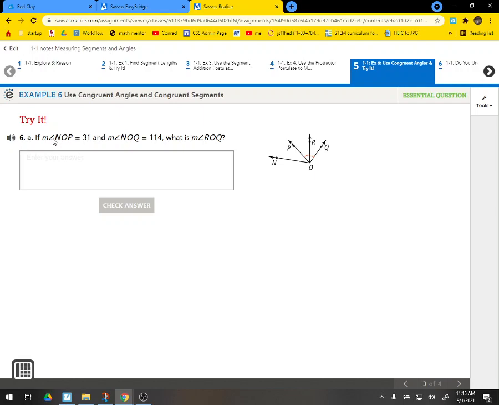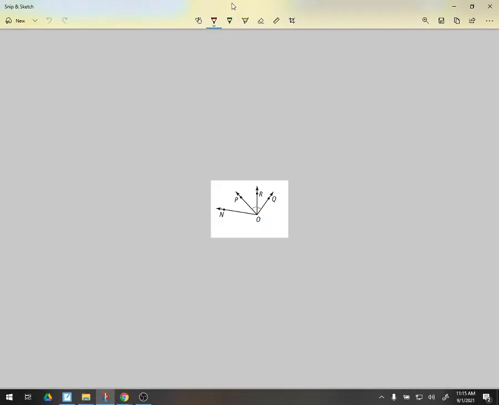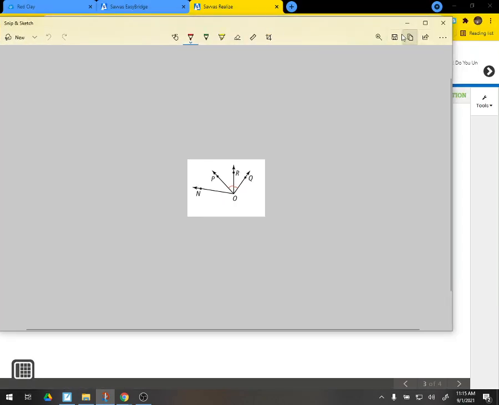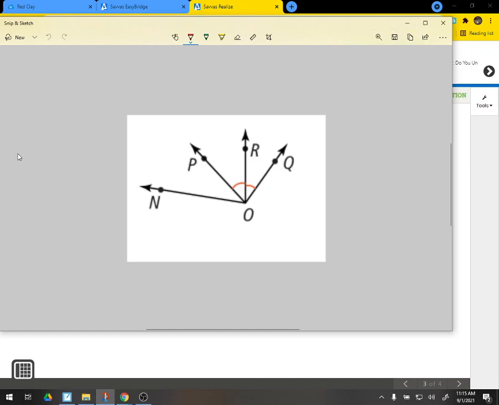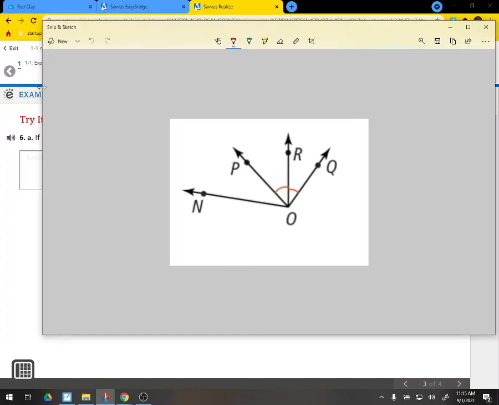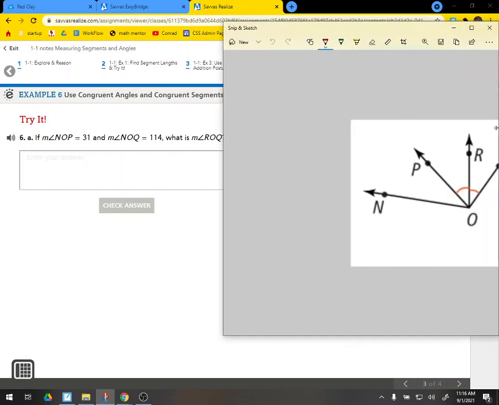If the measure of angle NOP is 31, and NOQ is 114, what is ROQ? All right, let's see if we can figure this one out. Let me move the side in a bit.